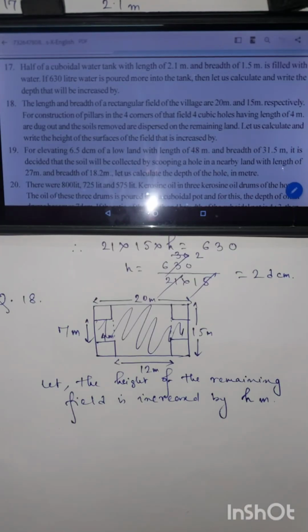Because of that, the height of the field is increased. So we need to find out that height.